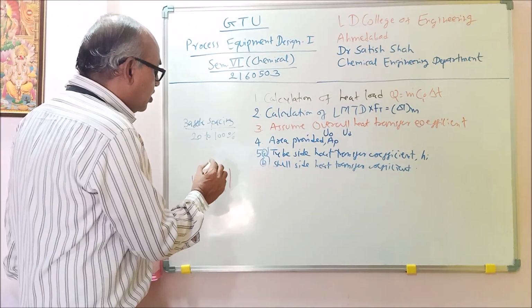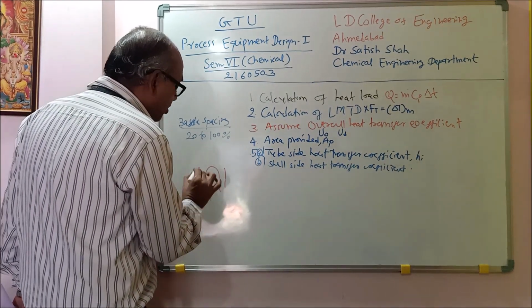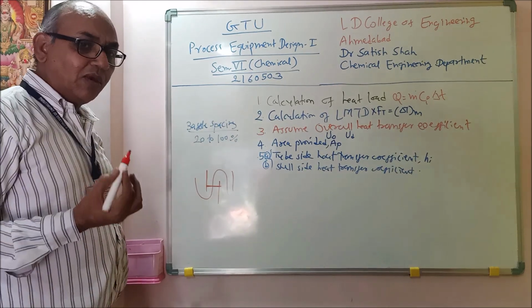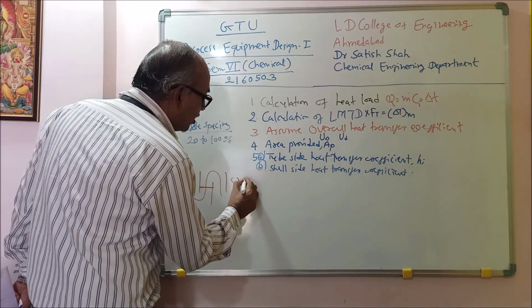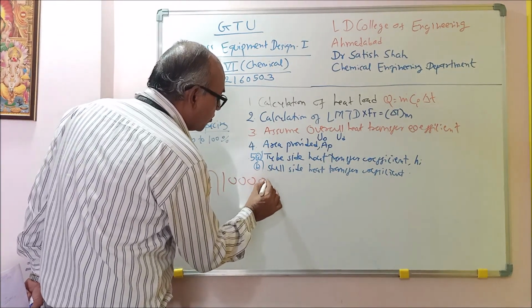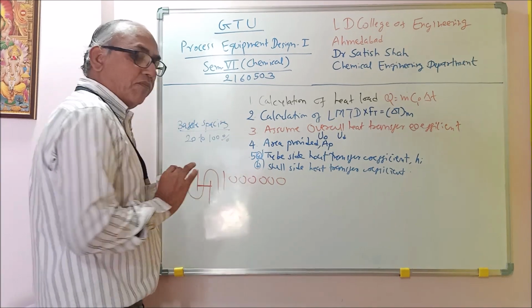Now, on one side, this will be the baffle spacing that is available to you. On the other side, we have the tubes like this. Suppose these are my tubes in the center.